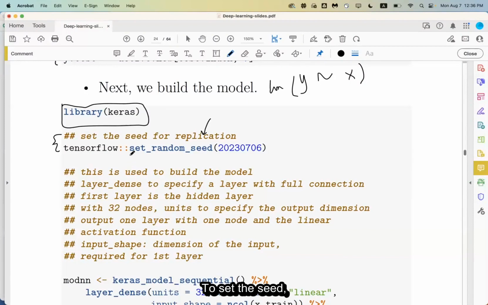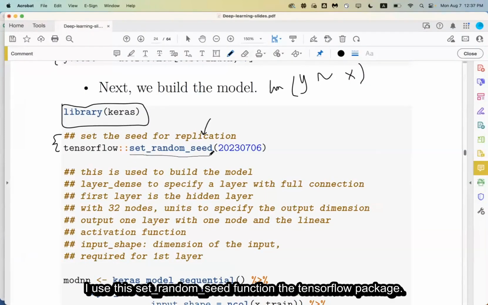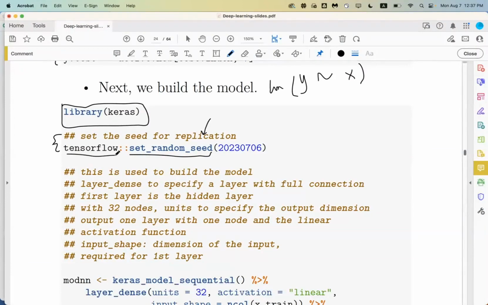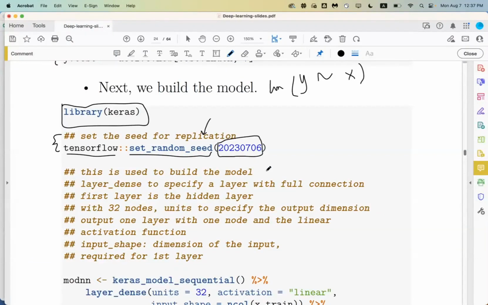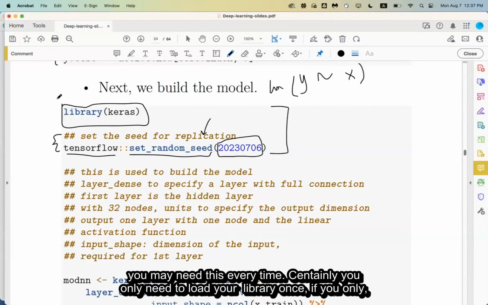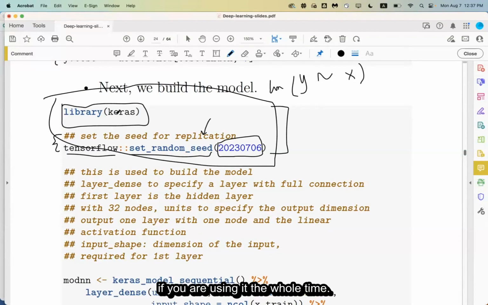To set the seed, I use this set random seed function from the TensorFlow package. And my seed is the current date of this workshop. So I use this here. Certainly, you only need to load your library once if you are using it the whole time.